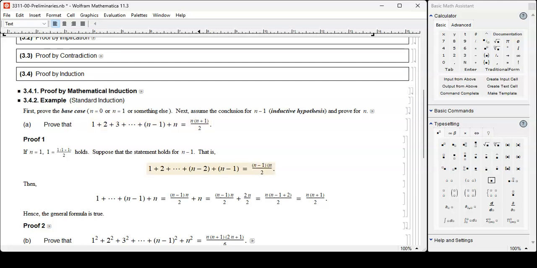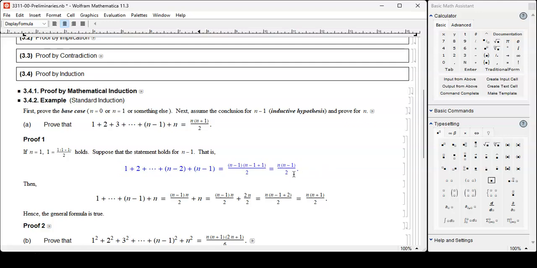So this, as a matter of fact, is n-1 and then plus 1. You see, we have plus 1 there. So this whole thing is, as a matter of fact, n-1 over 2. And that's the inductive hypothesis.